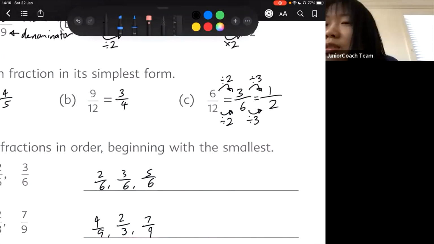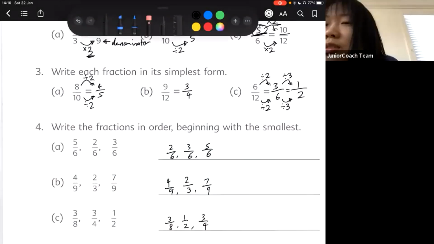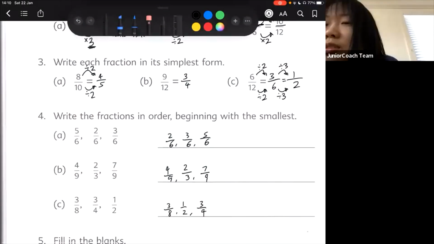Alternatively, this fraction is pretty easy because half is pretty recognizable. You notice that 6 is half of 12, right? Because 12 divided by 2 is 6. So you can just look at it and deduce the answer, but it doesn't work for all fractions, obviously.